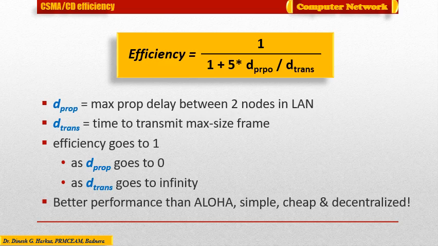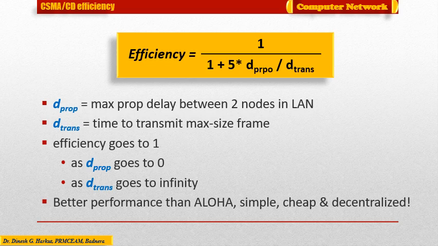The derivation of efficiency of CSMA with CD is thus given by efficiency equals 1 upon 1 plus 5 times D prop divided by D trans. It is apparent from this formula that as the value of D prop approaches 0, the efficiency approaches 1.